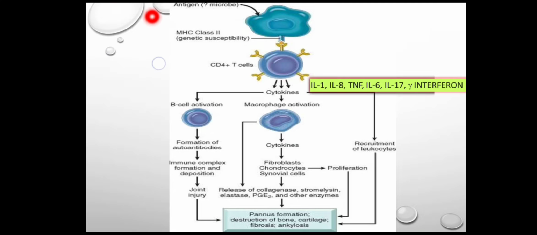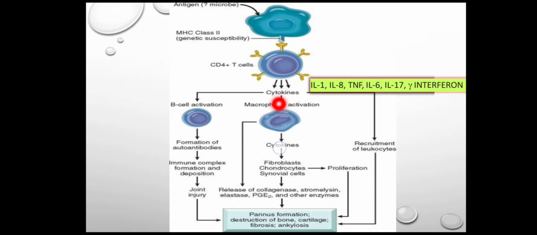So this is the antigen presenting cell, which recognizes the self antigen through MHC class 2. This is a CD4 cell which is getting the self antigen presented by the antigen presenting cell, and it is getting activated to release these cytokines. Again the same thing.